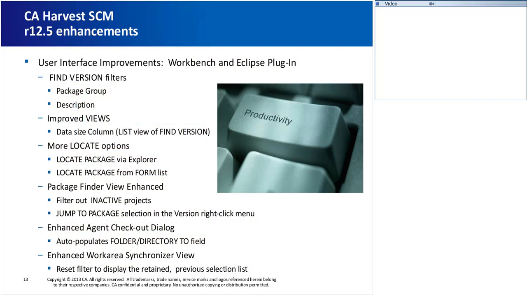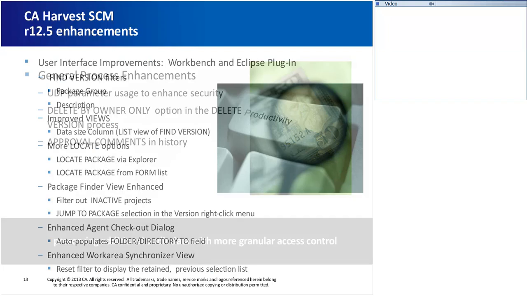And we've included a number of usability enhancements with 12.5. You'll see them all listed here. I won't go through them all in detail, but generally we've got some new filters, some improved views, and we've enhanced the checkout dialog, the agent checkout dialog, and the work area synchronizer view, just as a sample.